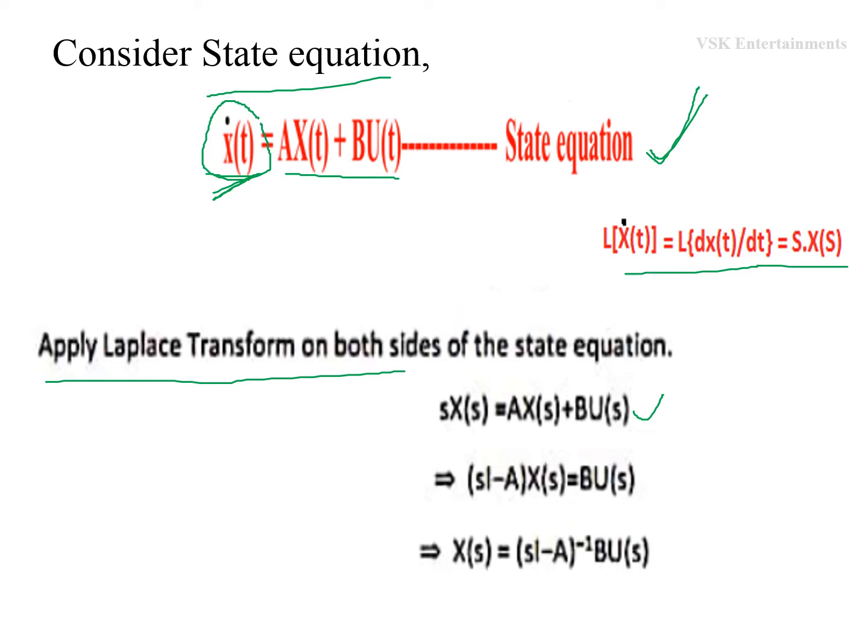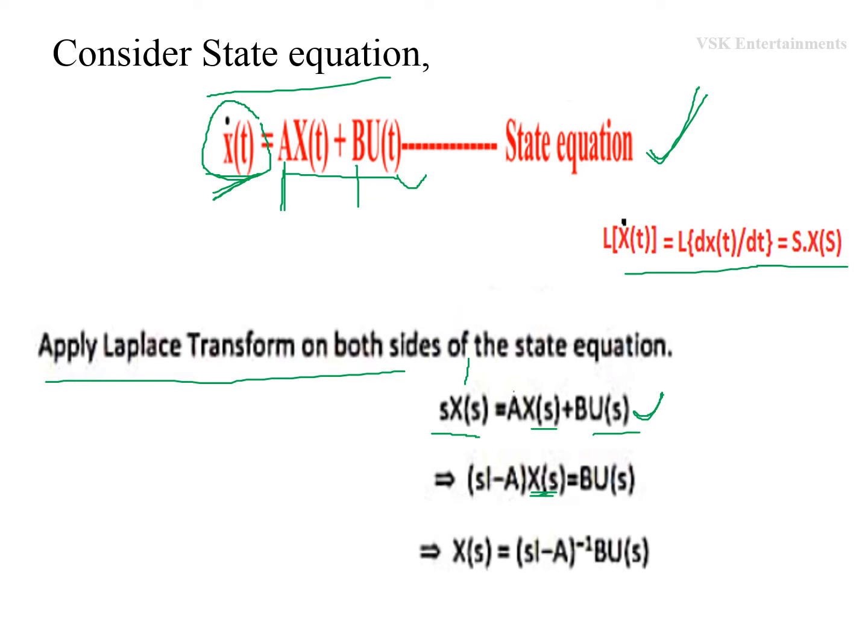So the Laplace transform of x dot of t is s into x of s, that is equal to, here A is the constant matrix, so A into the Laplace transform of x of t, which is x of s, plus B is the constant matrix and the Laplace transform of e of t is e of s. Now from this equation, consider x of s as common from these two terms.